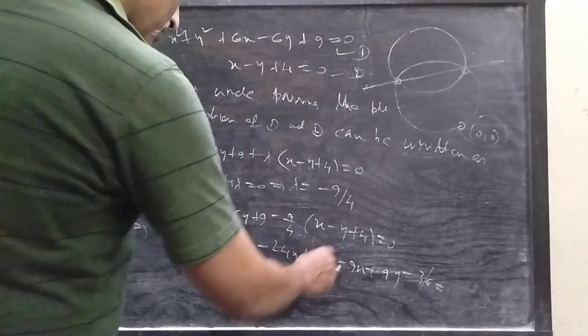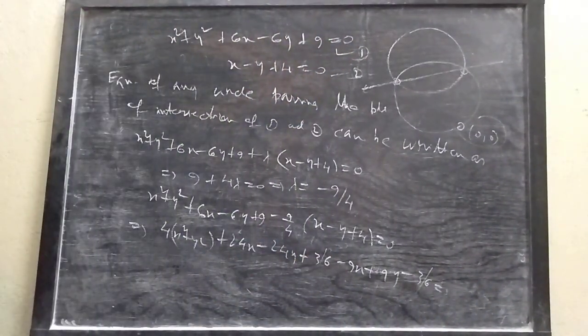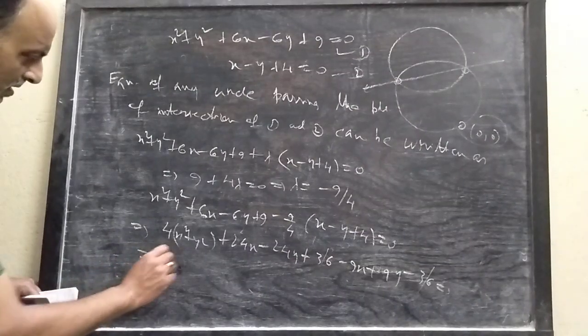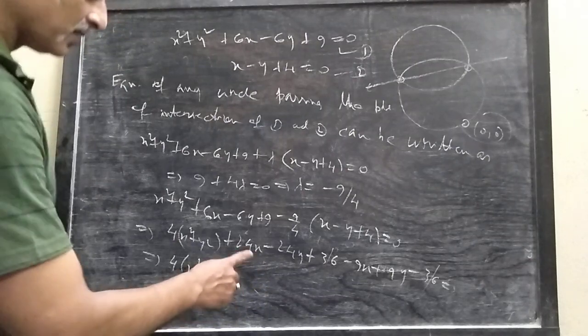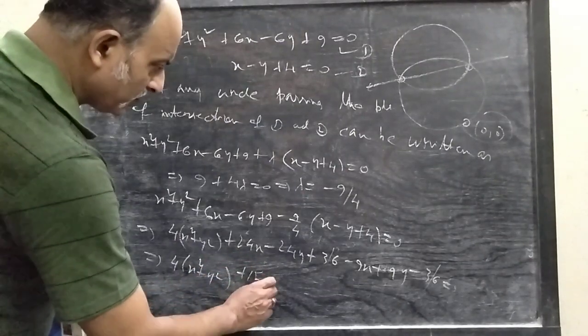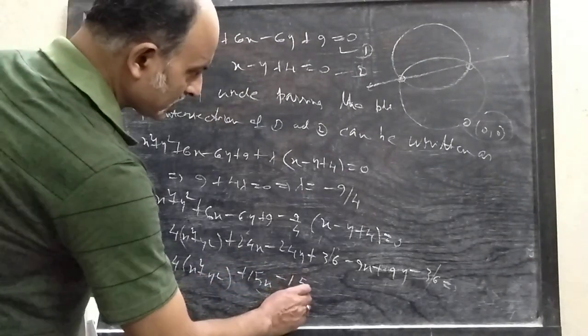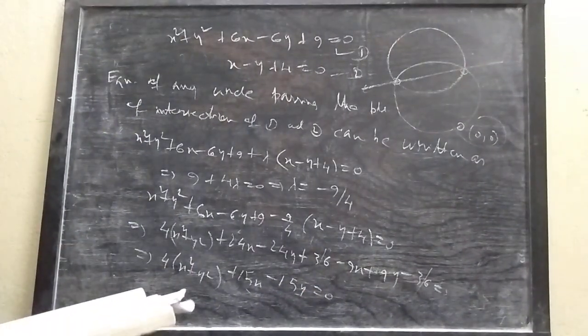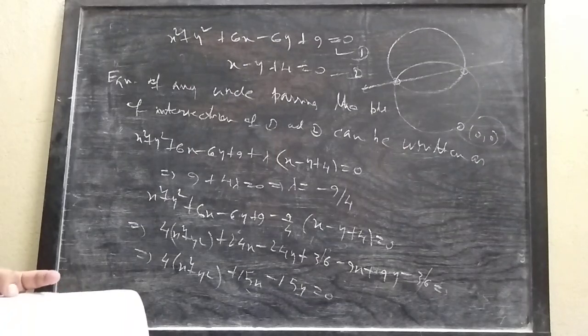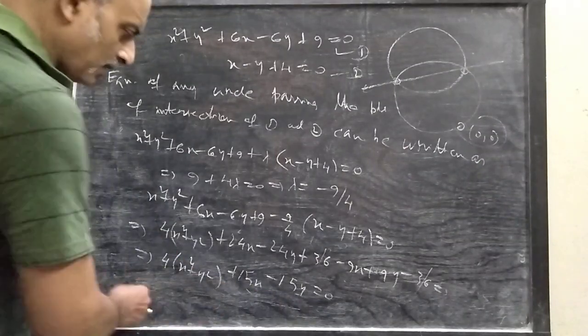Look, the constant terms will be eliminated as it passes through the origin. So you ultimately get the equation of the required circle as 4 into x square plus y square plus 15x minus 15y equals 0. This is the equation of our required circle.